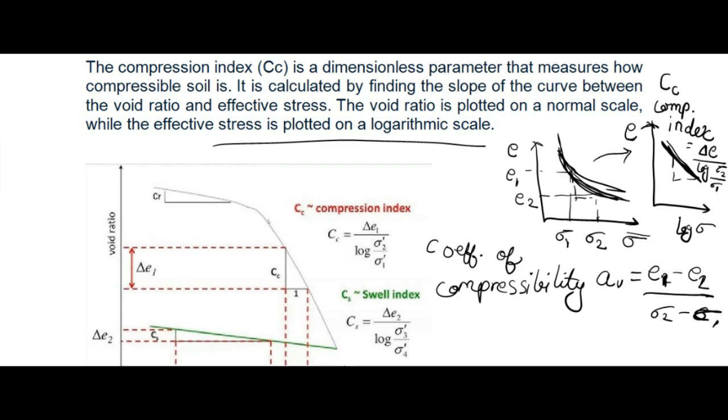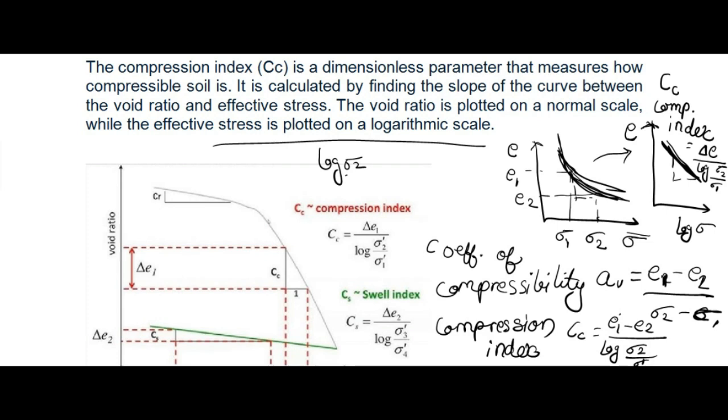So compression index Cc is nothing but e1 minus e2 divided by log of sigma 2 by sigma 1, and log of sigma 2 by sigma 1 is nothing but log of sigma 1 plus delta sigma, that is the increase in stress, divided by sigma 1.